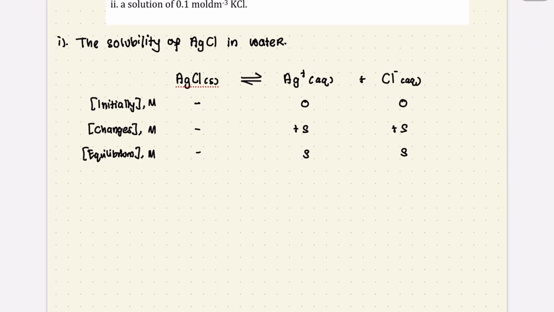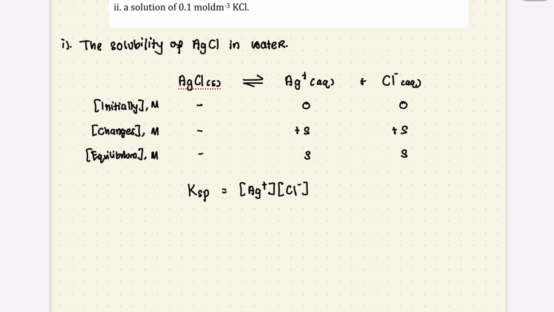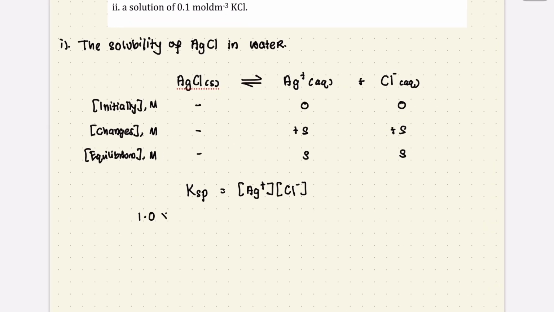Now, express your Ksp. Ksp equals argentum ion times chloride ion. Now, we have the Ksp, which is 1 exponent negative 10 M squared. So this is your S, this is your S. So S will be 1 exponent negative 5 molar.